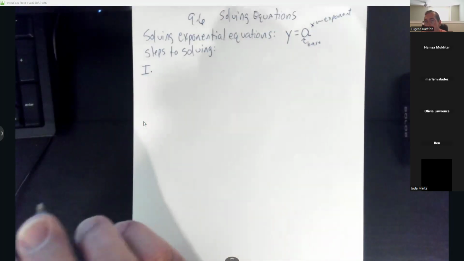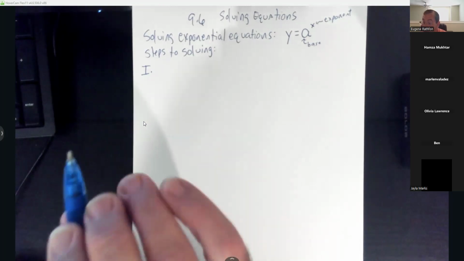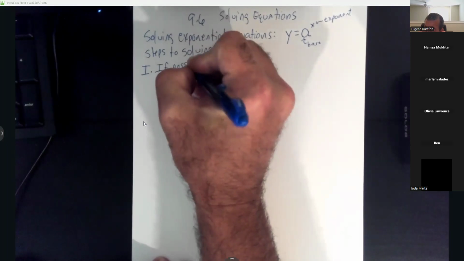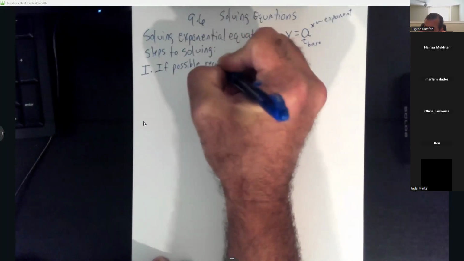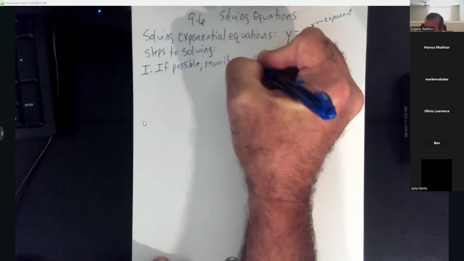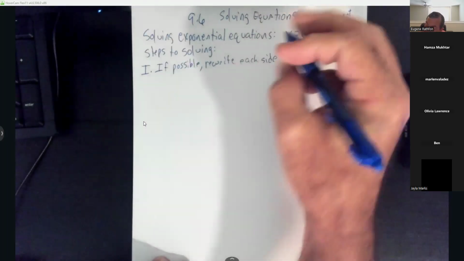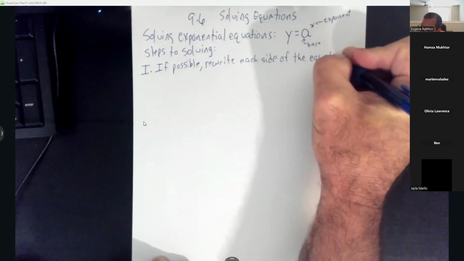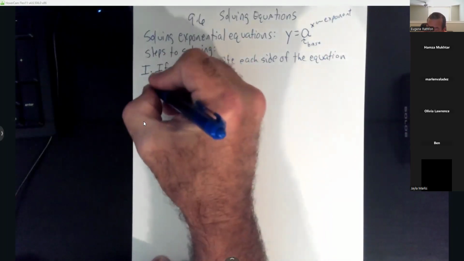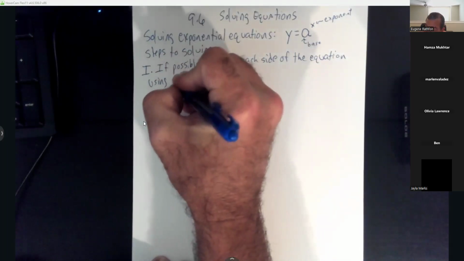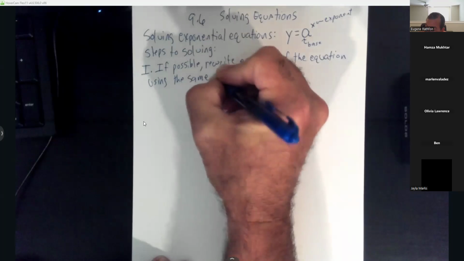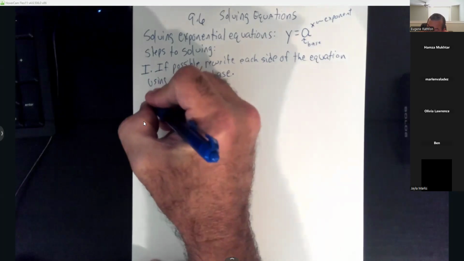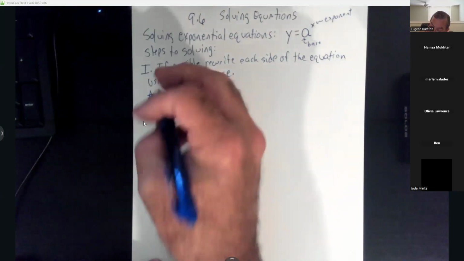So y'all, this first step, if it can be done, makes it a lot easier. If it's possible, rewrite each side of the equation using the same base. Okay, because we got a little property that we call the base exponent property.